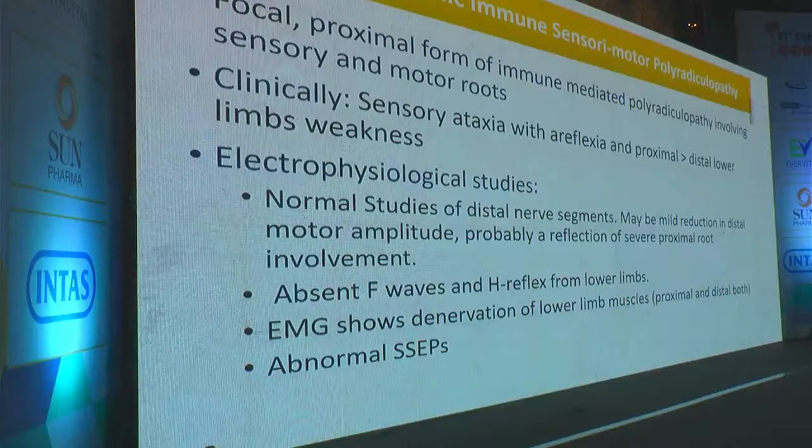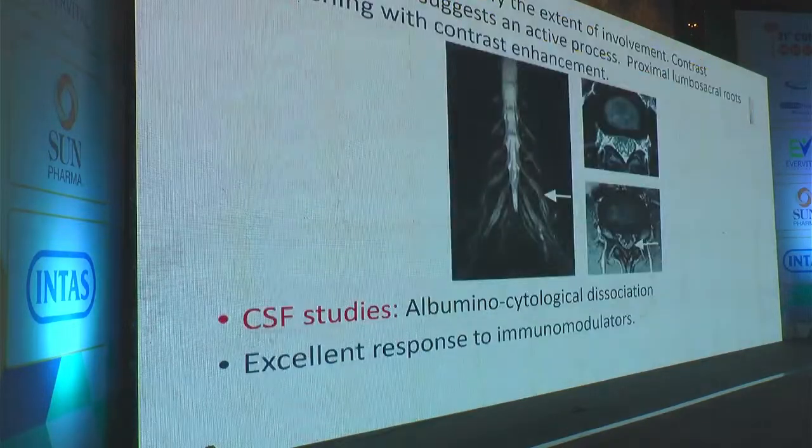Another entity, CISMP, is a combination of roots affection of sensory as well as motor. Here the NCS will be normal, EMG may show chronic partial denervation, F wave and H reflexes will be absent, SSCP and MRI of the roots and plexuses will be definitely abnormal.